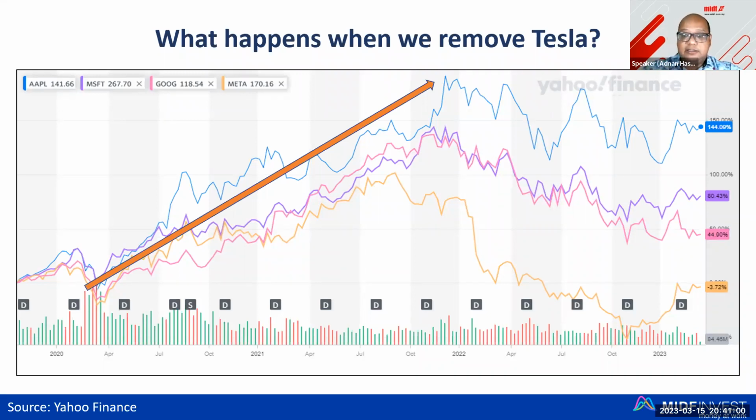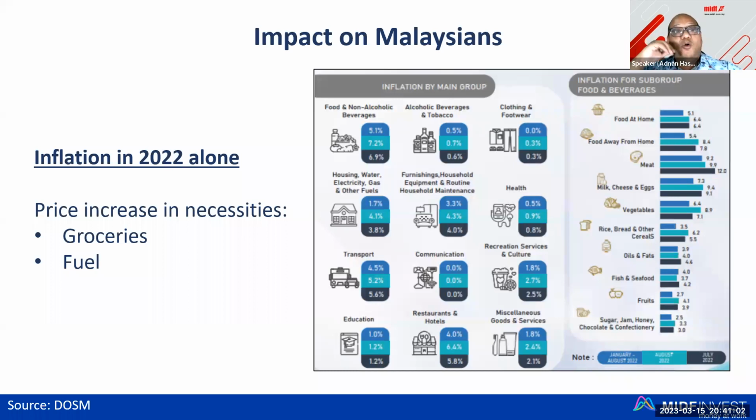But having said that, over in Malaysia, when a lot of money is being printed, paper money will be valued less. And proof of this is that in Malaysia alone, we could see the prices of a lot of things, food prices like meat and vegetables, rising.